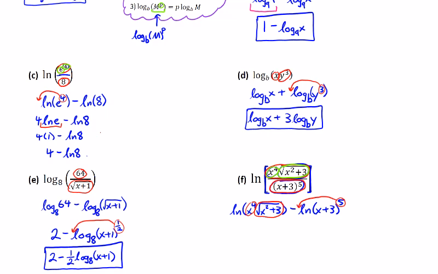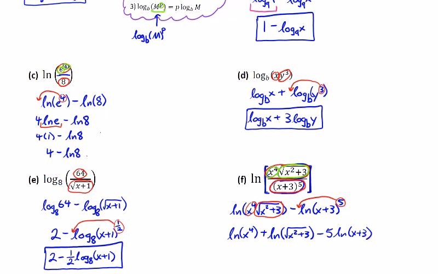So once you do that initial expansion, then you can start to see how other rules become available. So that first log will now become natural log of x to the 4 plus the natural log of the square root of x squared plus 3, and then minus 5 times the natural log of x plus 3.